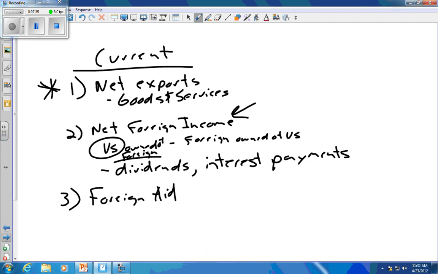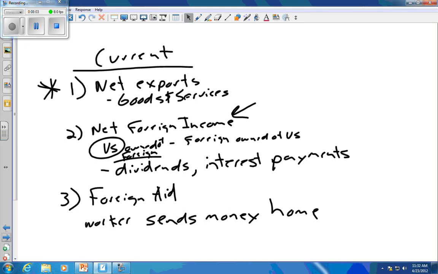Or sometimes when a worker, let's say, sends money home. When I used to bartend at the track, for example, my barbacks were from Chile. When they would send money home, that would count in the current account because it's money, and it would be a debit because money is leaving our shores and going to Chile in that case. As I said, foreign aid, the example with Haiti.